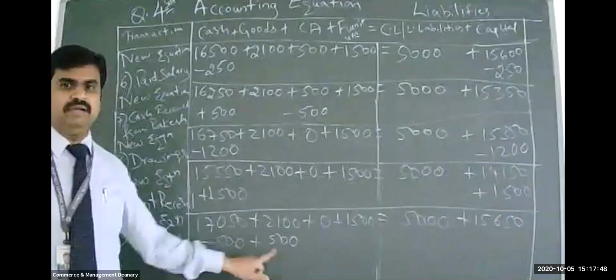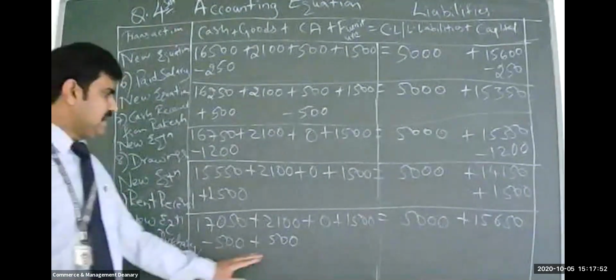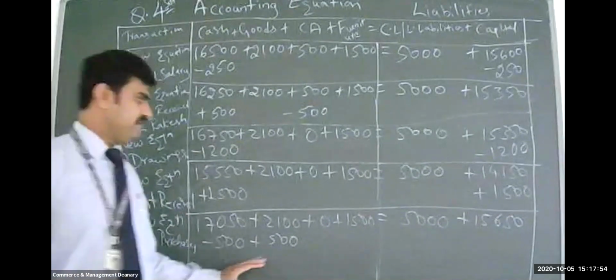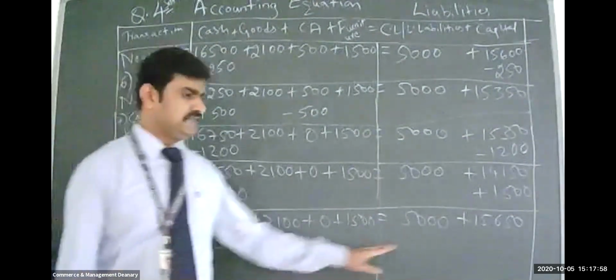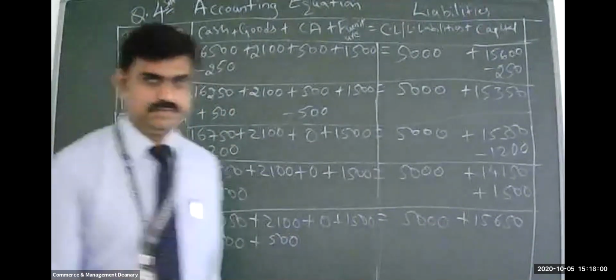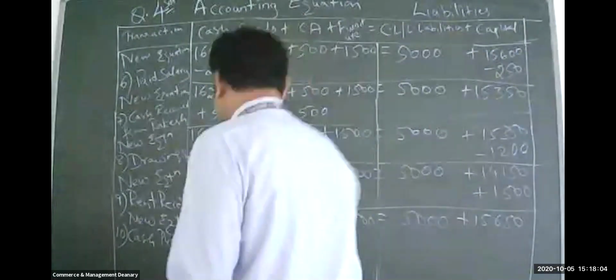Minus 500 in cash, and 500 of goods is coming in, so plus 500 in the goods column. Both nullify each other, so there is no effect. Minus 500 plus 500 is zero effect, so nothing to write on the liability side.